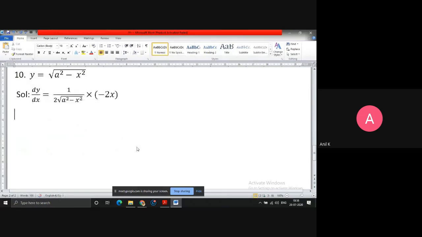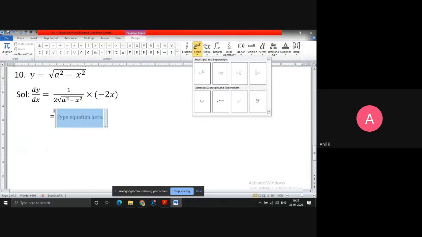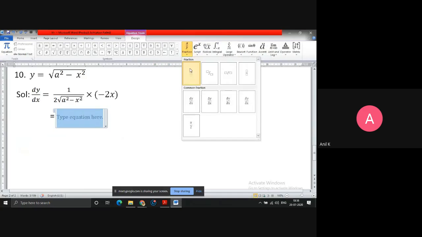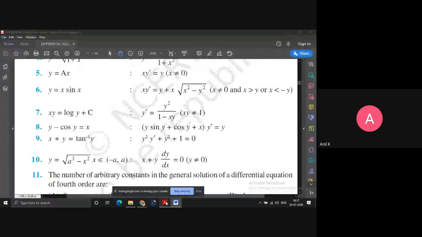So next what you get, which is equal to, the 2 will get cancelled. You'll get again a fraction. If 2 gets cancelled, numerator will be minus x upon, your denominator is going to be under root a square minus x square. What they asked exactly, question number 10.